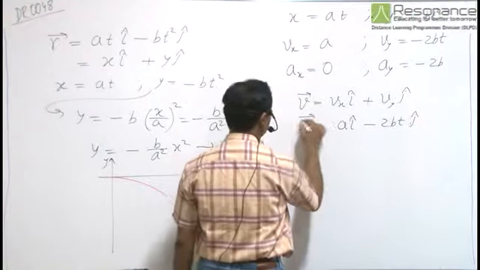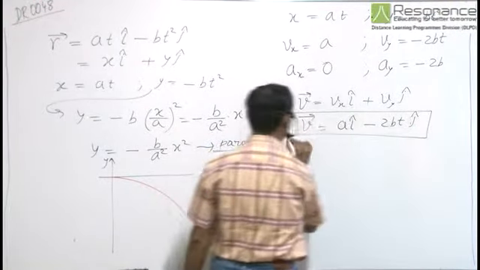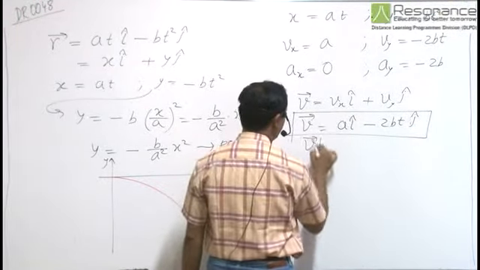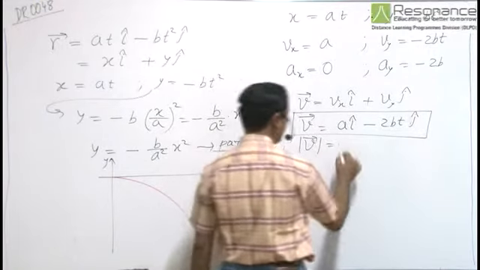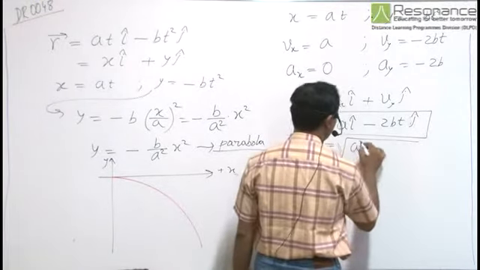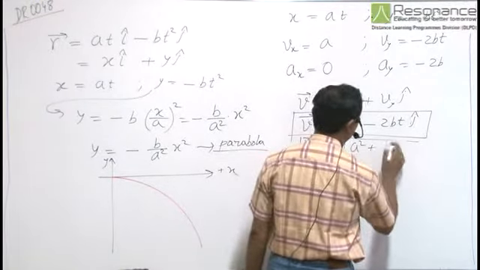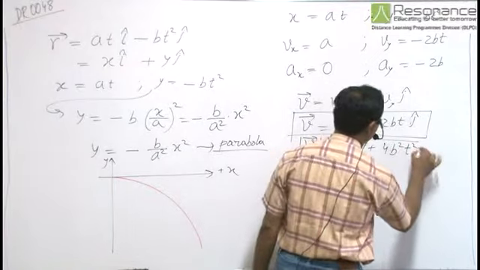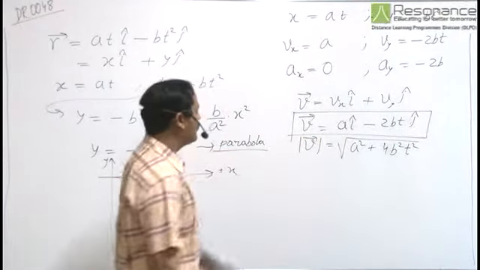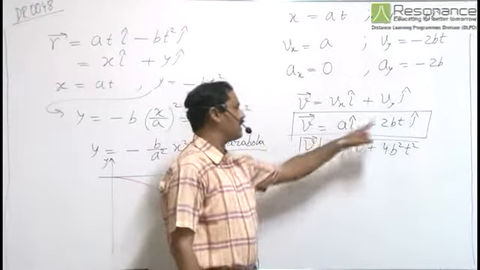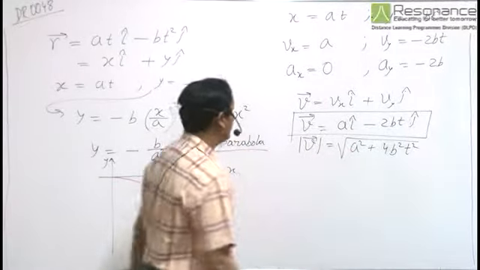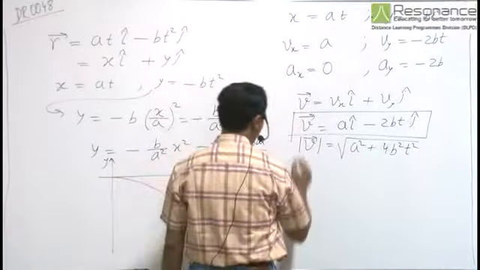This is the velocity vector, and if we want the magnitude, then it is equal to the square root of a² plus 4b²t². This is the dependence of the velocity vector with time and its magnitude as a function of time.